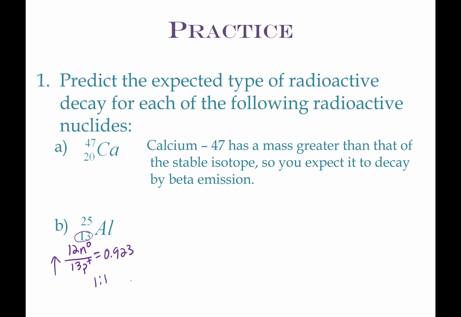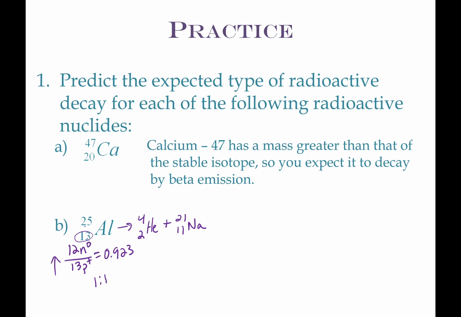So if we were to decay this process by using a helium atom, so 4 and 2, we would get 25 minus 4 is 21, 13 minus 2 is 11, and what's number 11? You look on the periodic table and you find out it's sodium. Would that be more or less stable?